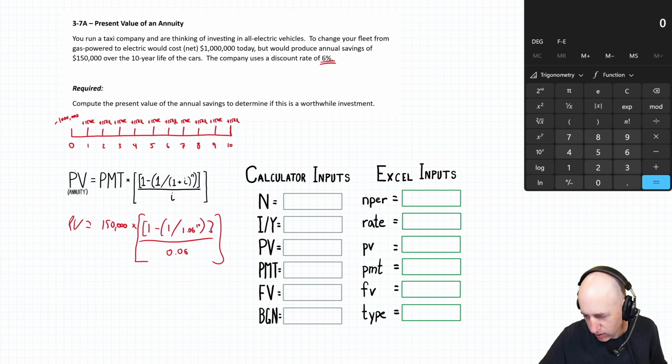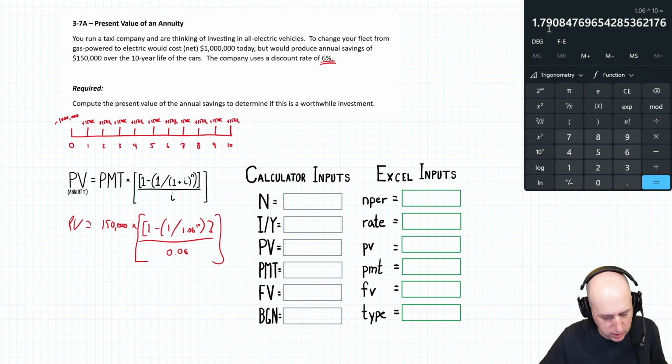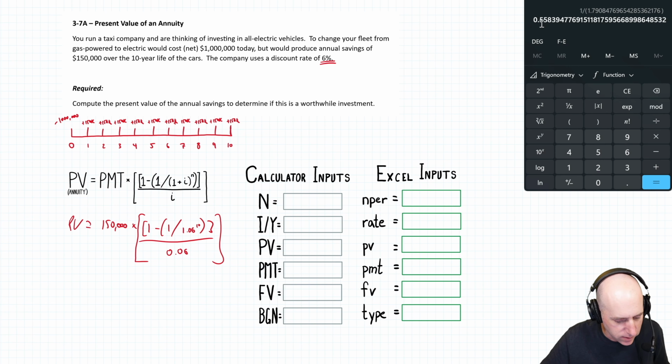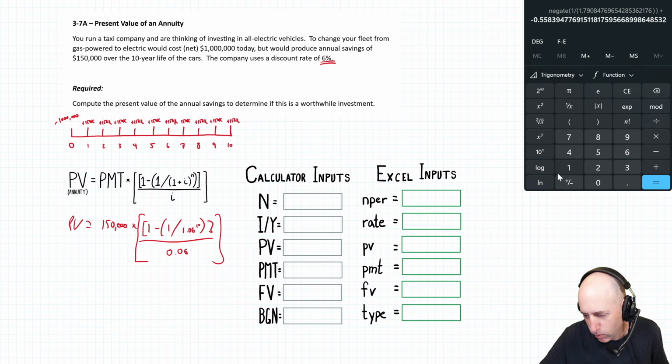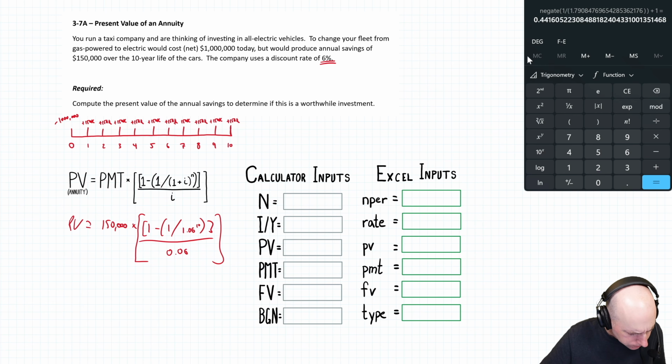Easy enough in our calculator. You go 1.06 y to the x 10, 1.06 to the power of 10, 1.79. Okay, then 1 divided by that, and there's a nice 1 over x button in our calculator, 0.55. 1 minus that. So it's going to be like 0.46, or no, 0.44, pardon me. So I put this in as a negative, and I go plus 1, and sure enough, it's 0.4416.